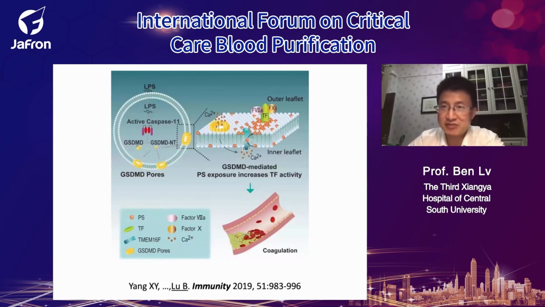But how does it activate? Now we show that once the LPS is inside the cell via HMGB1, caspase-11 cleaves gasdermin D, and the gasdermin D forms a pore. This nanopore can cause a calcium influx, and this creates currents that can activate a special lipid scramblase, and this scramblase will flip the PS to the outside of the cytoplasmic membrane.